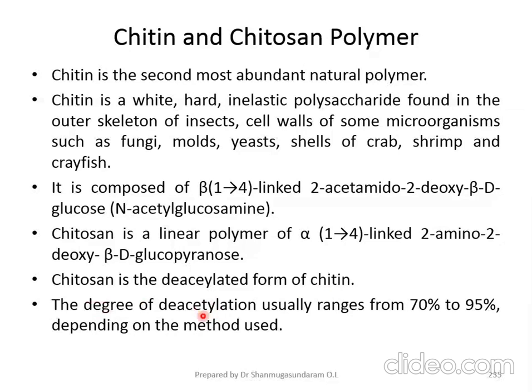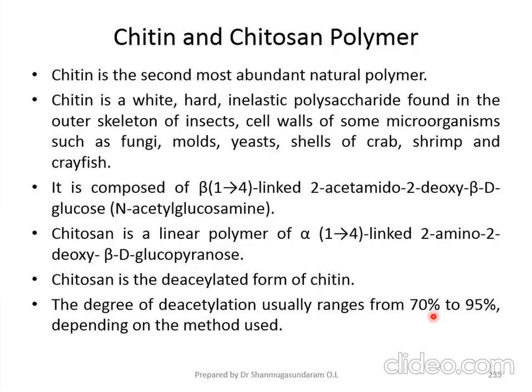Suppose you are removing 60% of acetyl group, then you can claim the degree of deacetylation is 60. Suppose you have removed 100% acetyl group, so the degree of deacetylation is 100. Depending upon the percentage of acetyl group removed, you call it the degree of deacetylation.